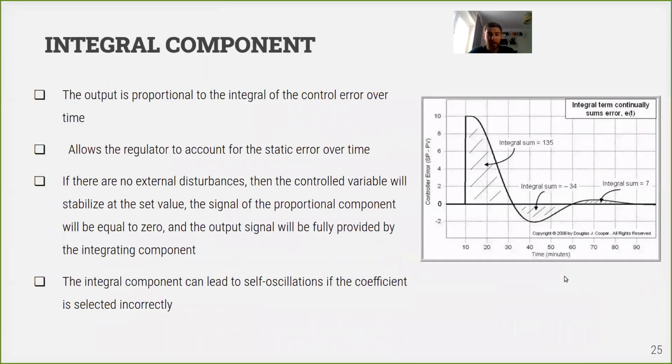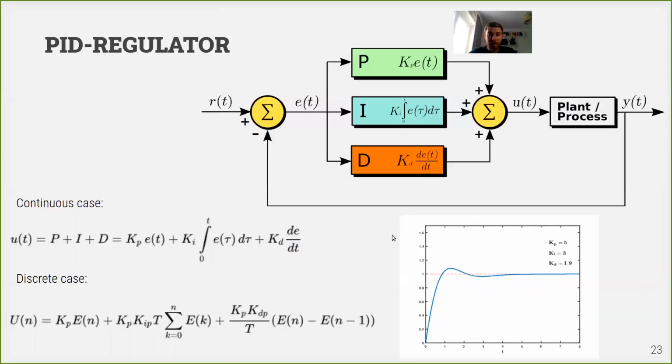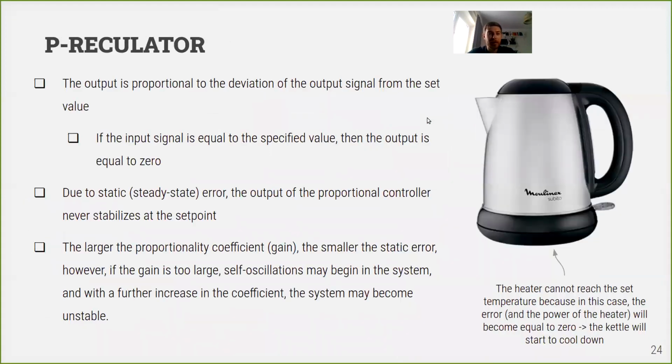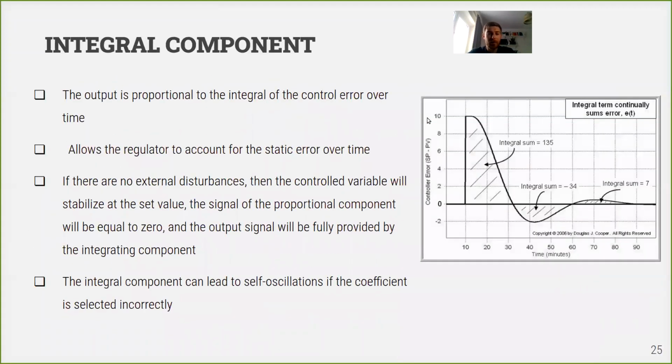So also there is the integral component, the second one, and you can see that here we multiply some coefficient by the integral of error. So we integrate an error over time, and multiply some fixed number, some coefficient, by this integral. And what it gives us is that it allows us to take into account this steady state error.